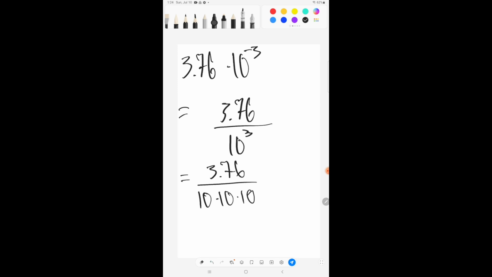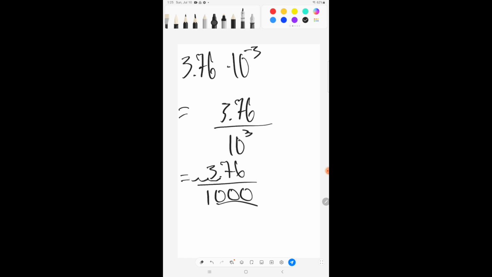10 times 10 times 10 equals 1,000. So it's really just 3.76 divided by 1,000. And anytime we have zeros in the denominator, we move this decimal point to the left.